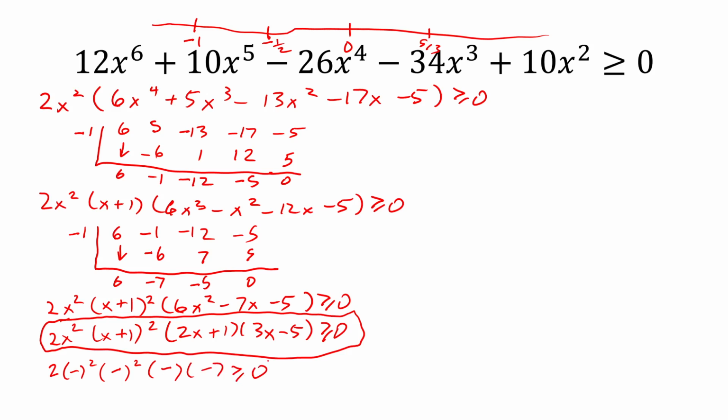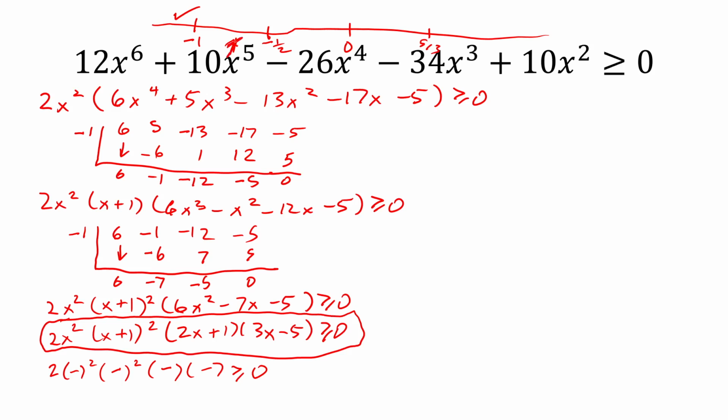Now I ask you, is 2 times a negative value squared times a negative value squared times a negative value times a negative value greater than or equal to 0? Absolutely.